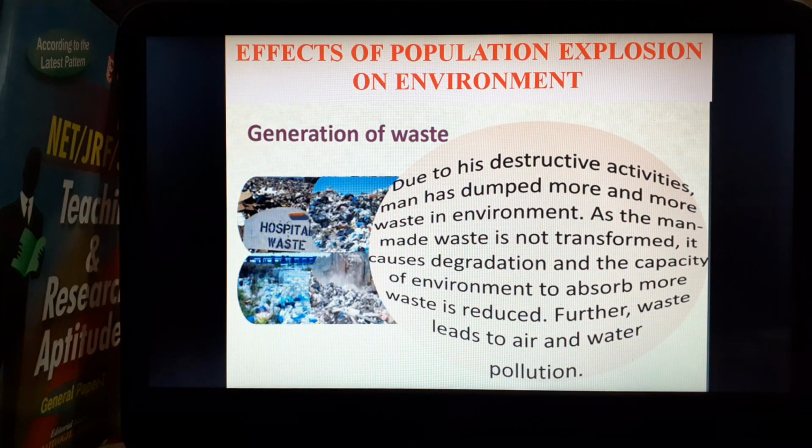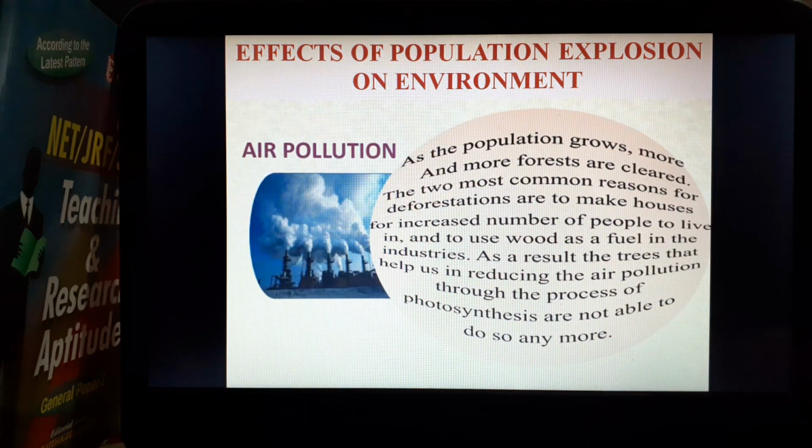Now I am going to discuss some other perspectives of population explosion: how this population explosion is affecting our environment. The first and foremost point is generation of waste. Due to more population, we are generating more waste and not all waste is degradable. That's why the environment is having a very bad impact. The second part is air pollution. Due to deforestation, more and more cutting of trees, the oxygen level in the environment is reducing and this reflects as air pollution.